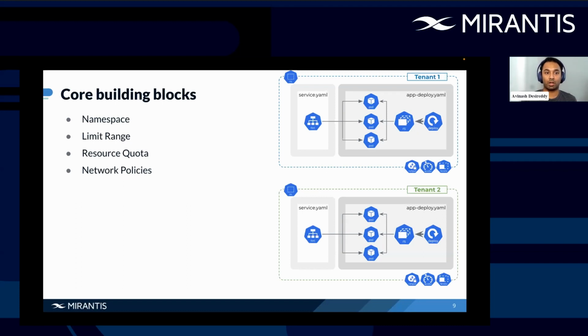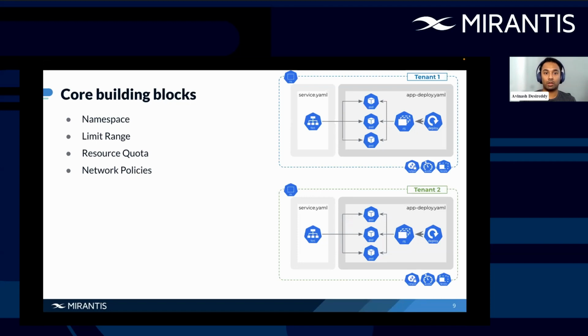For example, if you are creating an application called Nginx, we can say Nginx belongs to a namespace blue or a namespace green. So even if you have the same name for the application, the namespace in which it gets deployed creates the necessary differentiation.